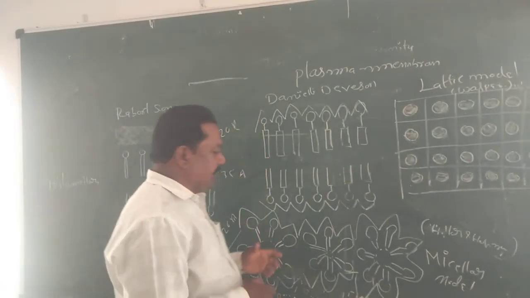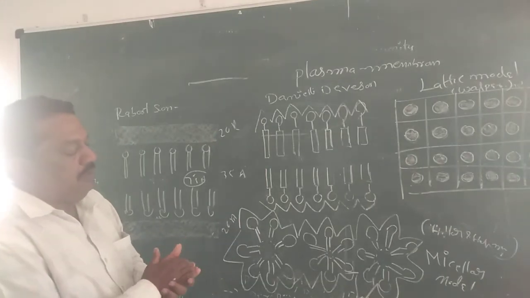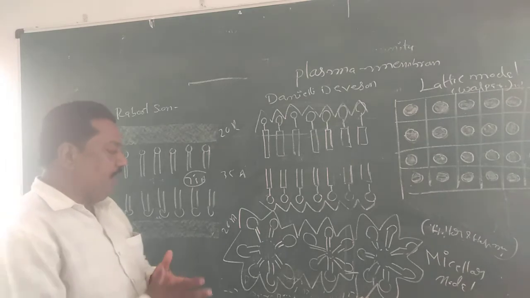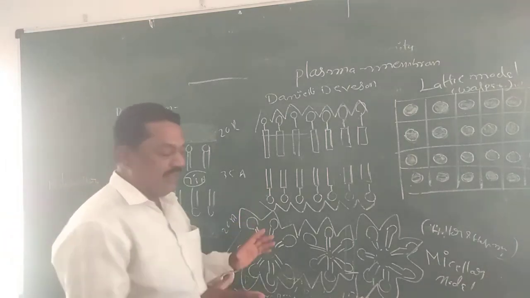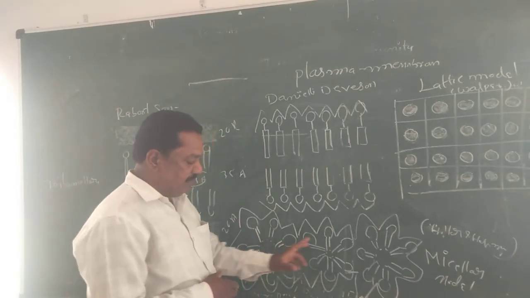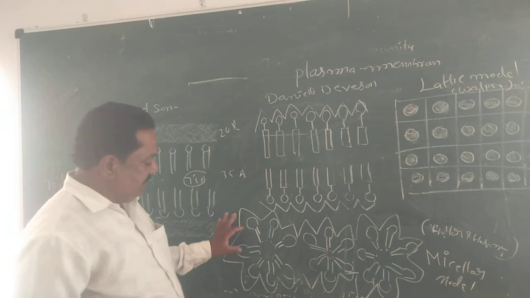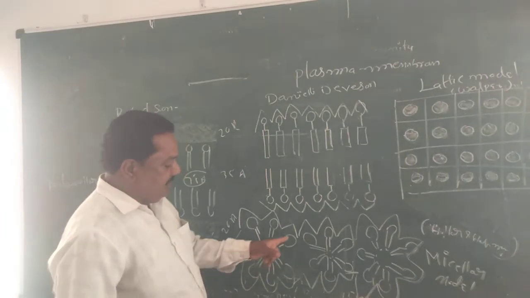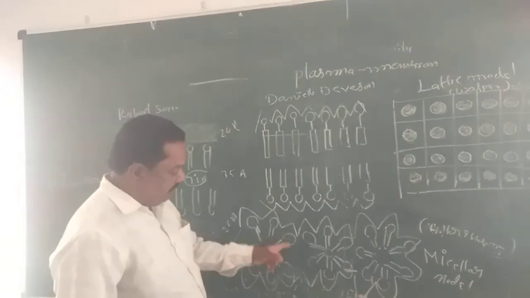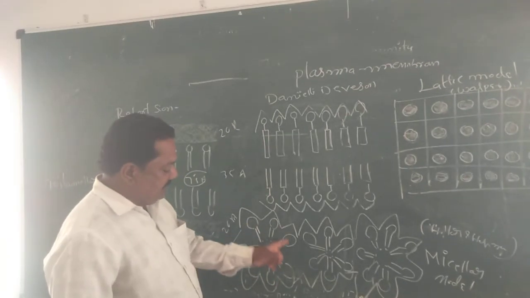The fourth one is the micellar model, proposed by Hoffman and Hiller. According to the micellar model, the plasma membrane is made of micellar units. This is one micellar, this is the other micellar, and the third micellar. Micellar means a frame-like, star-like structure. This is the hydrophobic, hydrophilic part. All of this is made by the lipid molecules, with heads and tails.